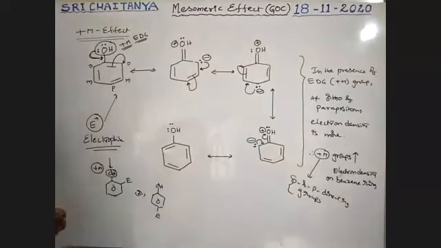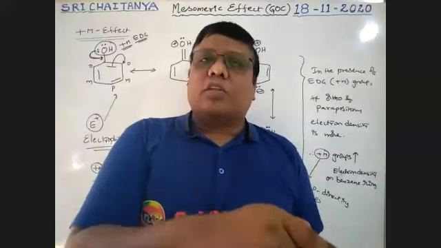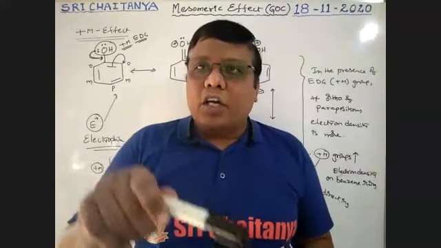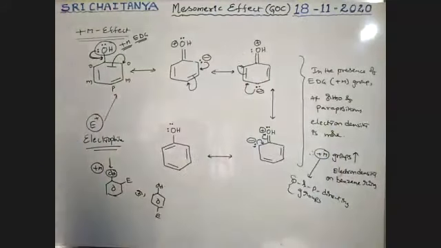Plus M groups are nothing but ortho-para directing groups. That means the further attacking electrophile is directed towards the ortho or para position. It is all due to that plus M group. Is there any doubt up to now?